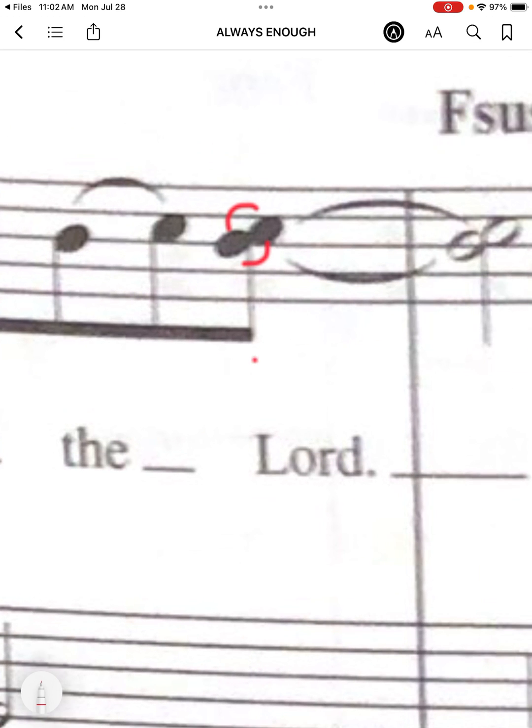Okay, these two are going to be a second. Oh, second.